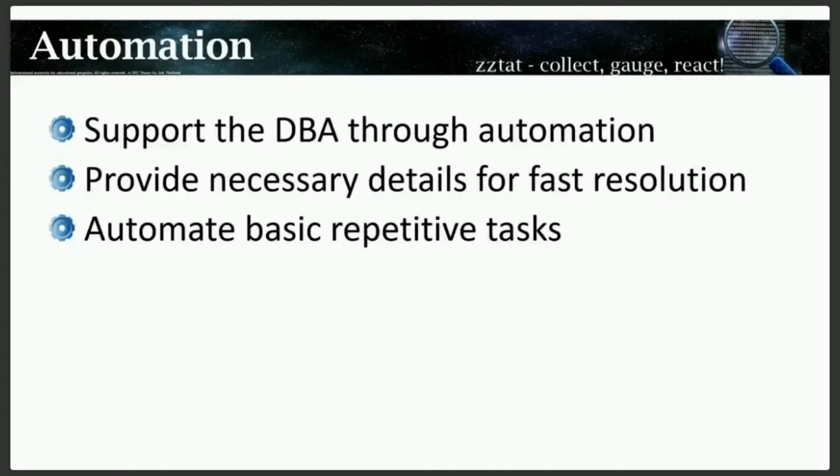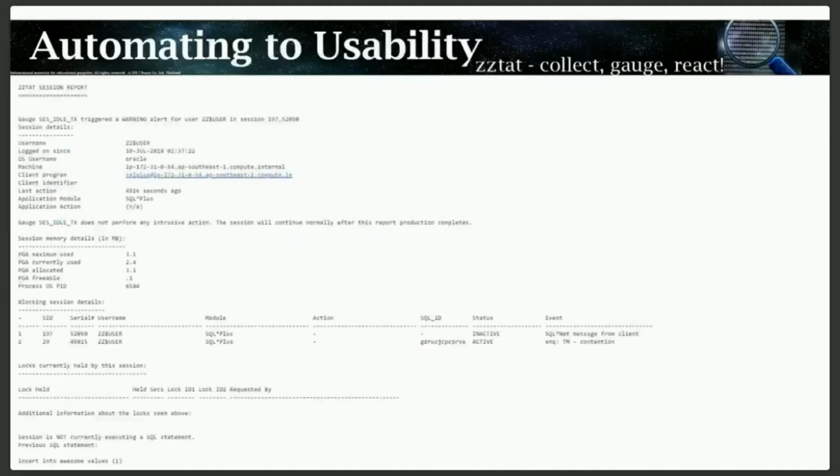Then the DBA has to connect and take a look at what's exactly happening and what actually caused this alert. Not so with zztat. If zztat sends you an alert, it will automatically tell you what exactly is going on right now and what led to this alert being raised. So here's an example of such an email that goes out when we're seeing some blocking sessions.